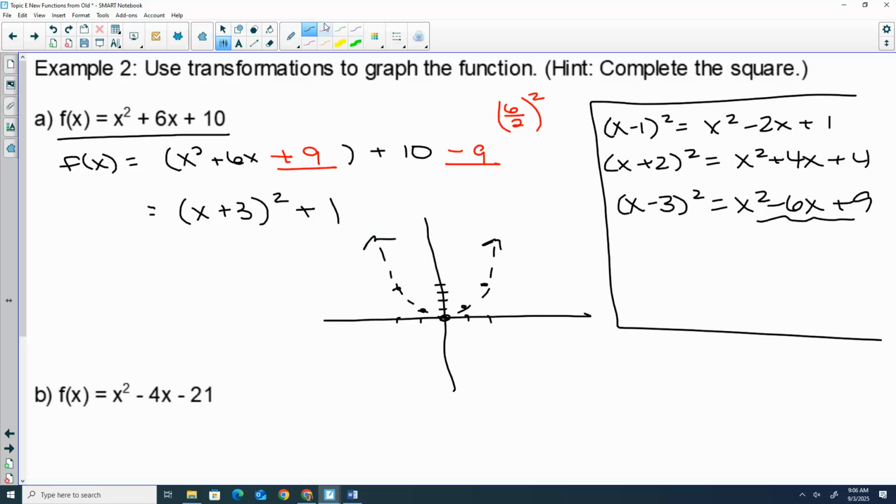How is my parabola moving? Left 3 and up 1, so every point moves left and up.